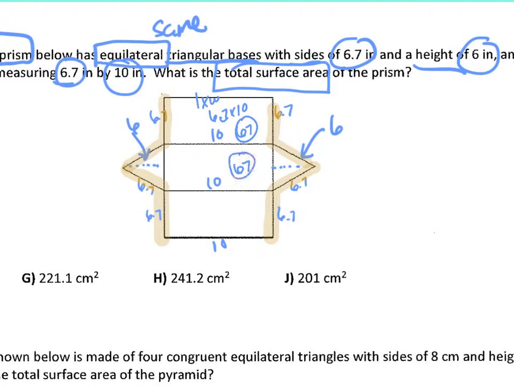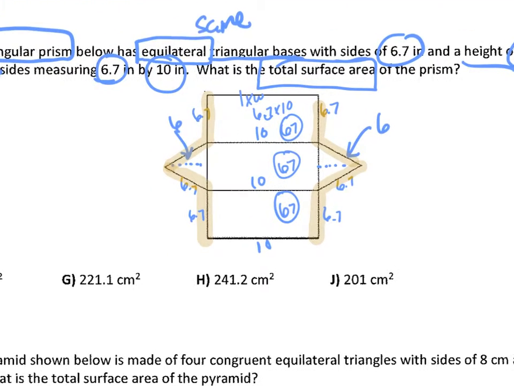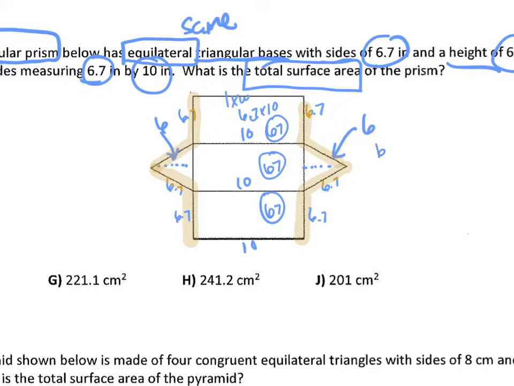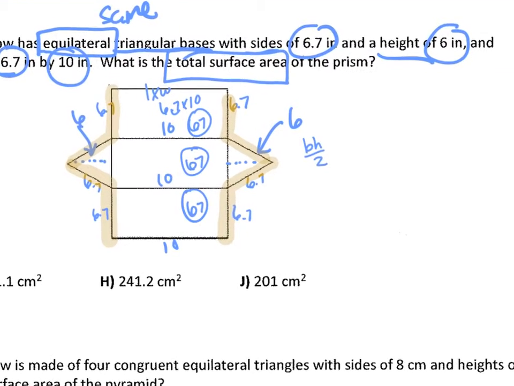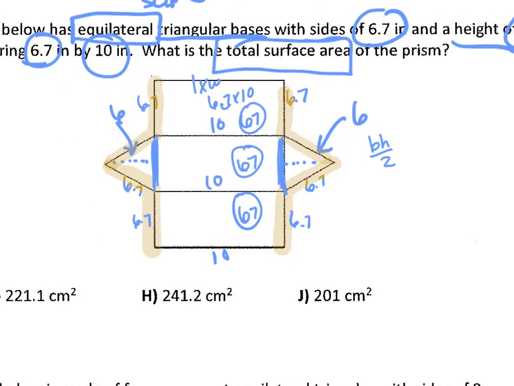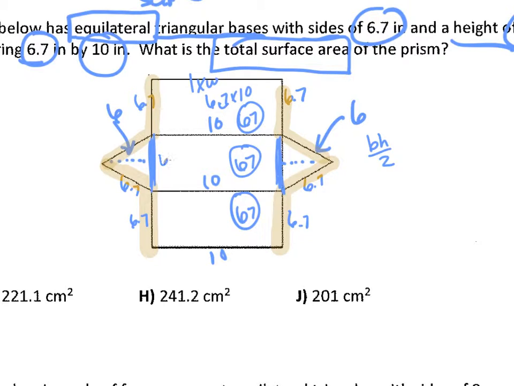67, 67, 67. And what formula do I need to use for these triangles? Base times height divided by 2. So the base of the triangle is 6.7. All these are going to be the same.